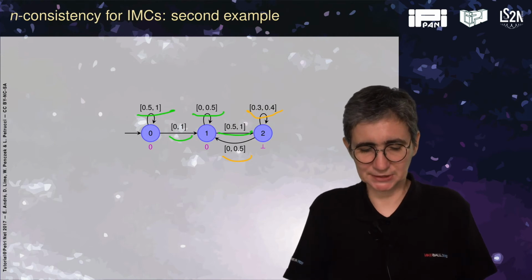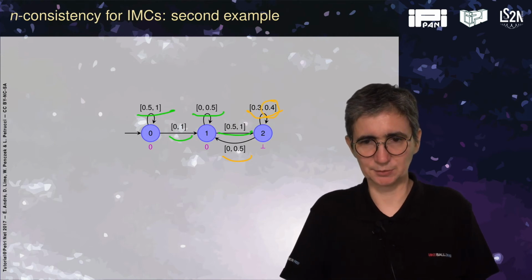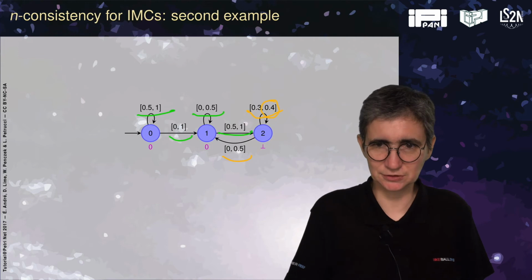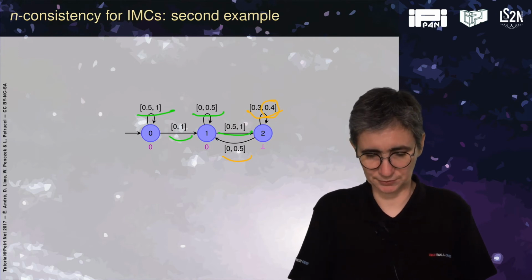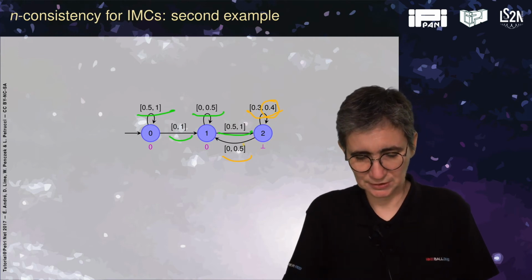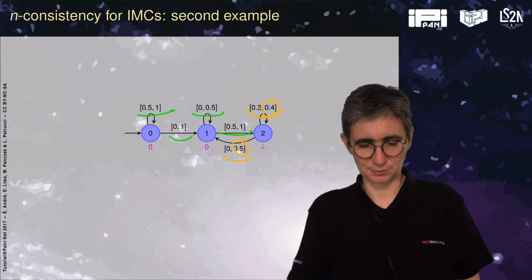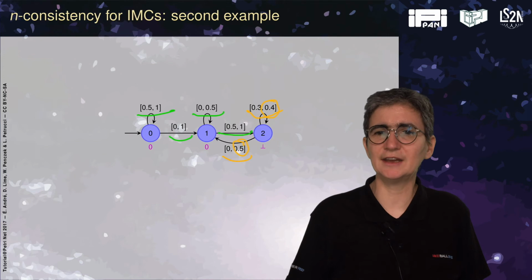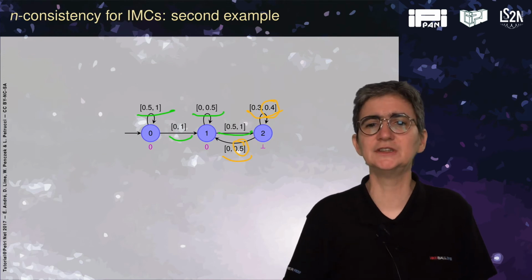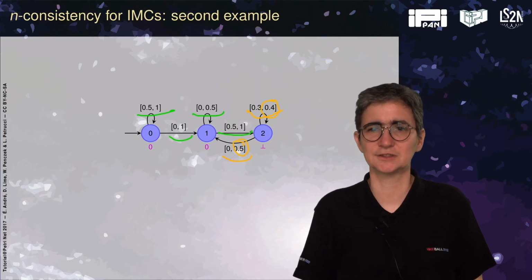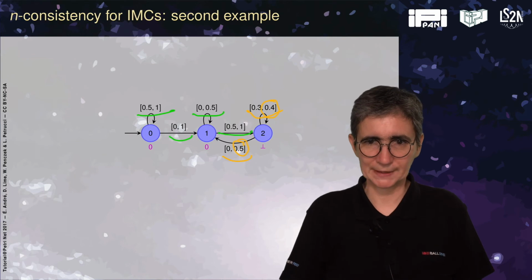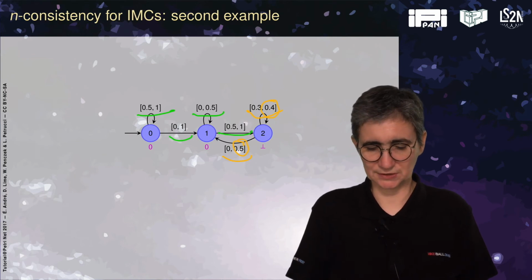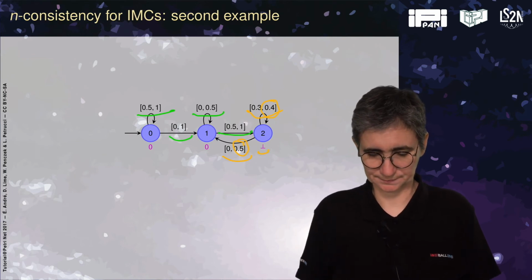The maximum here is 0.4, and if I choose the maximum here, 0.5, the sum will be 0.9. So I can never find a combination of these values in these intervals that add up to 1. Therefore, state 2 is not zero consistent.